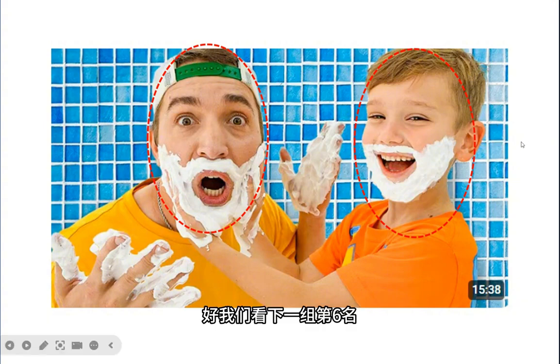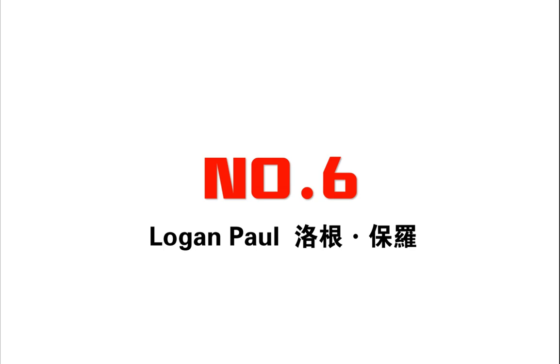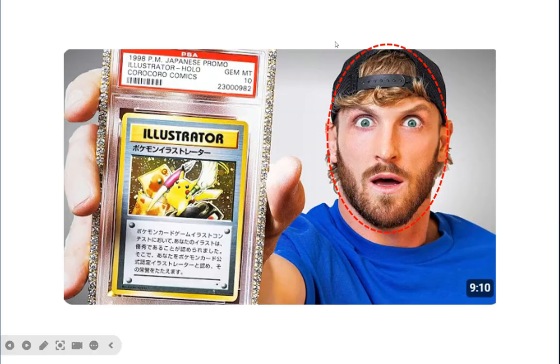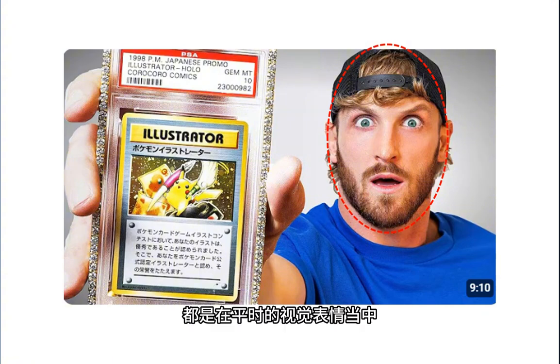Okay, let's take a look at the 6th place in the next group. Whether Asian or European, or different skin tones, everyone's way of expressing surprise is in the usual visual expression: mutation and amplification.